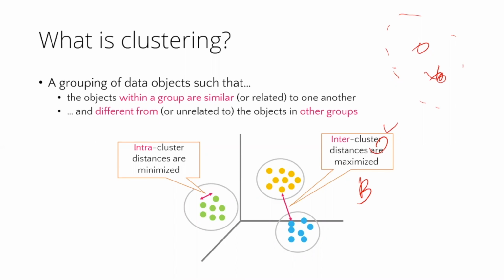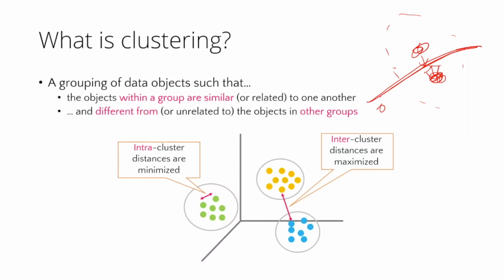Similarly, we also consider the notion of inter-cluster distances. In the case of inter-cluster distance, we want to maximize it, meaning we want the boundary between the clusters to be as clear as possible. In a similar logic, you probably don't want to split these 2 data points because they are very close to each other, so then the boundary becomes a little fuzzy.